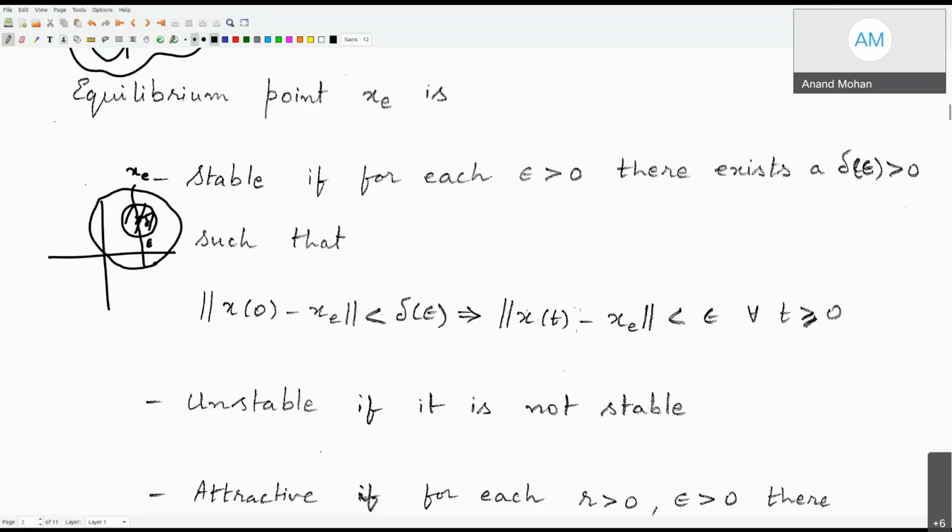Epsilon is something you choose. See, the point is I want my solution over time to be inside the epsilon ball. Now my target is to find a delta such that my initial point is inside some smaller ball such that the solution doesn't leave the epsilon ball. If I can find a delta like that, then that equilibrium point is stable.